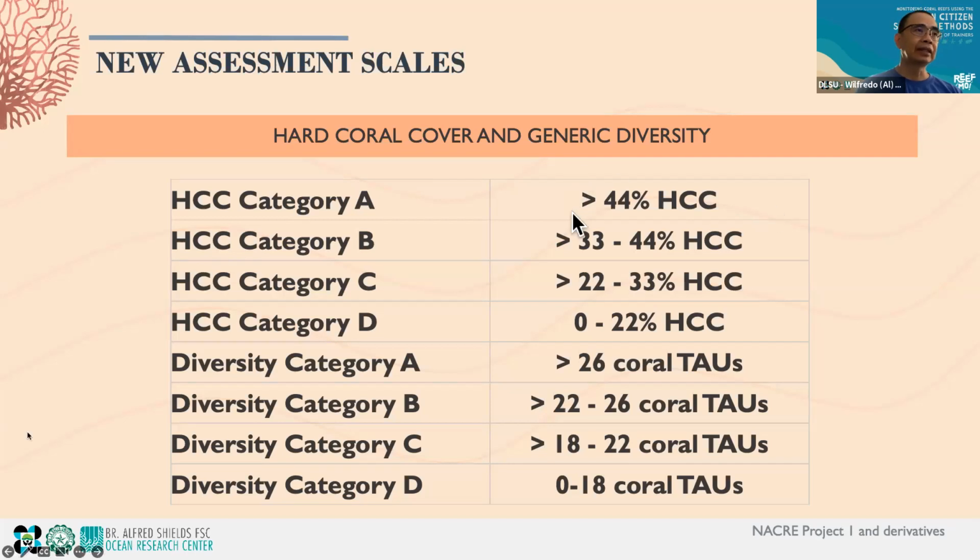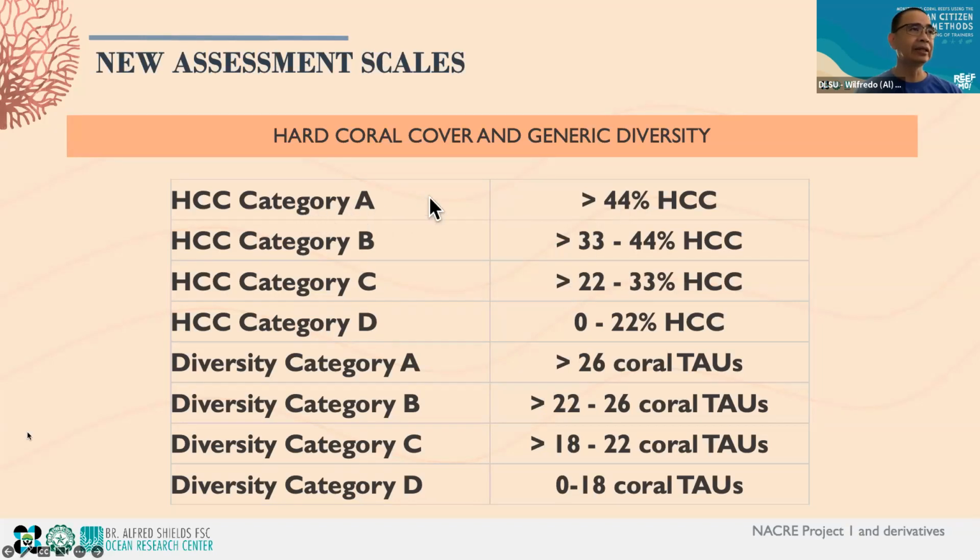Instead of dividing the whole range of 0 to 100, we used the averages I showed you earlier for the Philippines, which incidentally is also about the average for the Indo-Pacific, based on more than 3,000 surveys around the Pacific Ocean reefs. Average is also 22%. We use those numbers as part of a scale, and this is what we get.